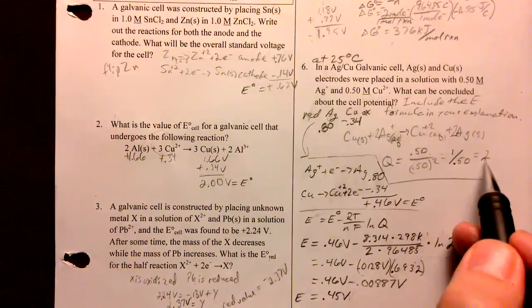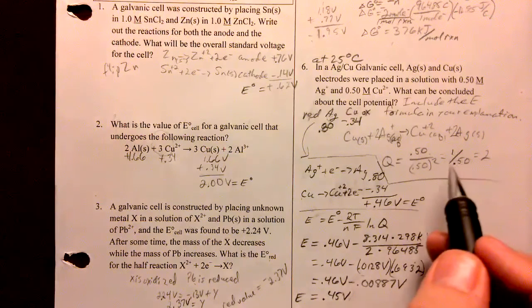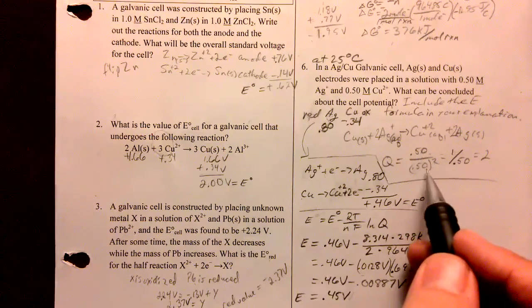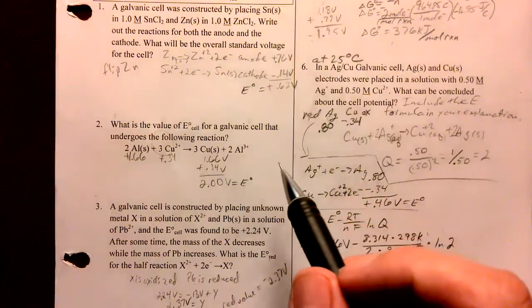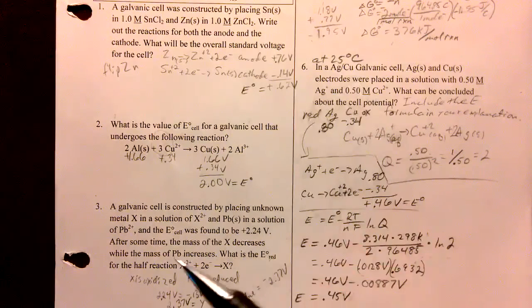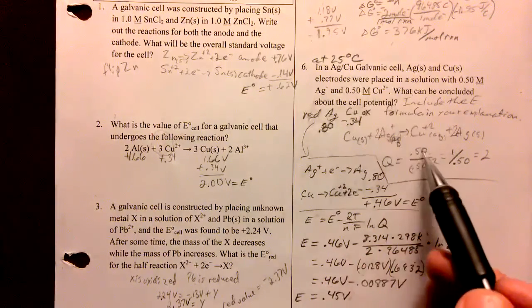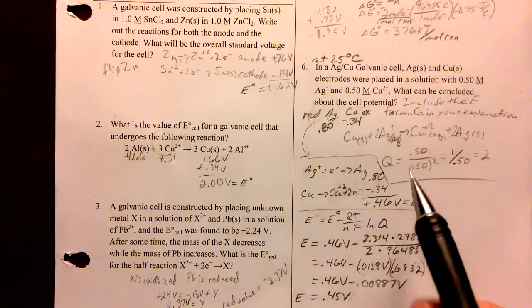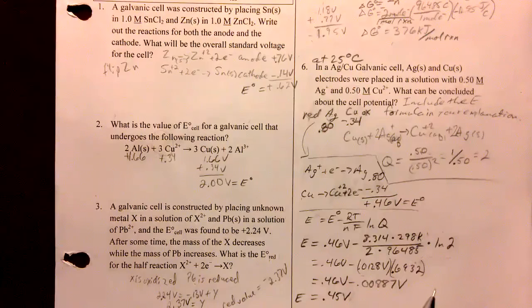And if Q has gotten bigger, that means there's more product, or less reactant, or both, right? Now, what also makes sense is that as a galvanic cell does its reaction and proceeds on and on, of course, it makes more products and it loses reactants. And it's coming toward the state of being dead.